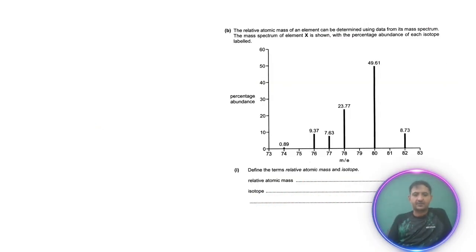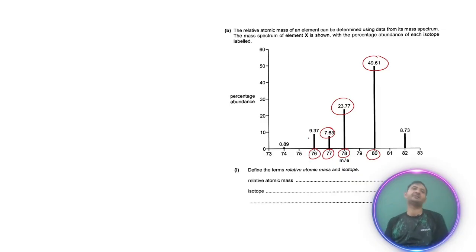Next we have this question on relative atomic mass and relative abundance. The isotope with mass 78 exists in nature at 23.77%, mass 80 at 49.61%, mass 77 at 7.63%, and mass 76 at 9.37%. These are the relative abundances of the different isotopes.